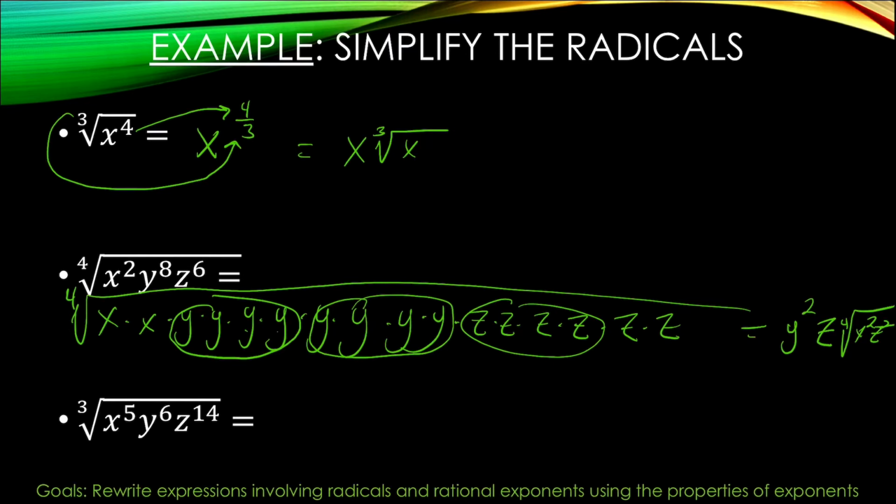Okay? Let's do this next one. I have 3 x's here. So this is the cubed root of x times x times x, y, y, y, y. And then for z, we're going to do it a little bit differently.